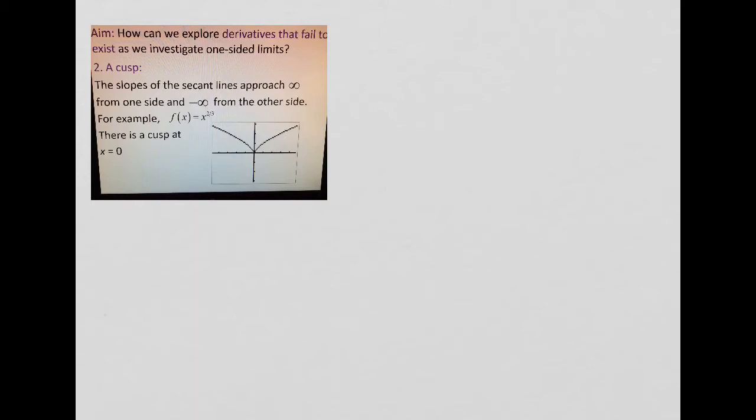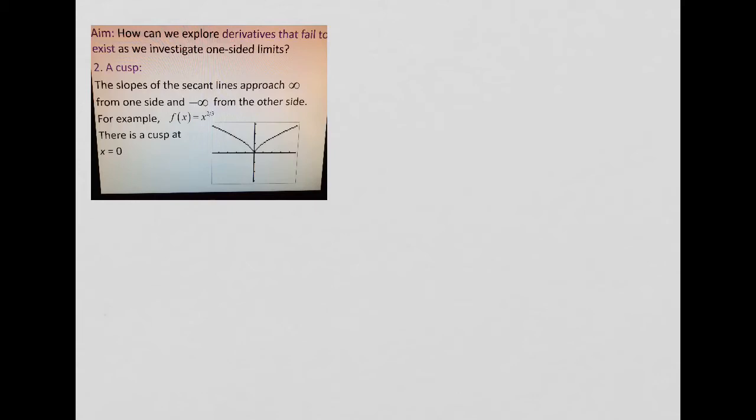So the second instance in which a derivative fails to exist is where there seems to be a cusp. A lot of students look at them and try to say if it's really sharp, it looks like a corner, it's not a cusp, or vice versa. These two tend to be looked at as the same thing, and they are very different, and that has to do with your derivatives.